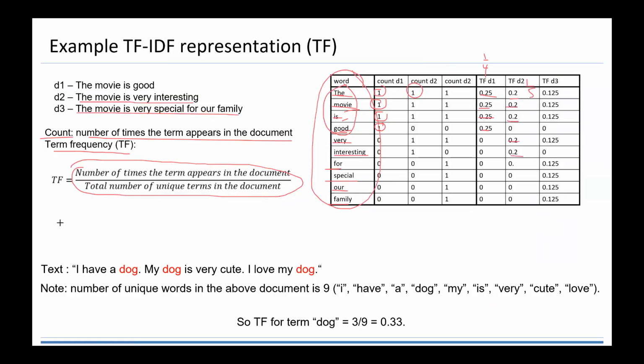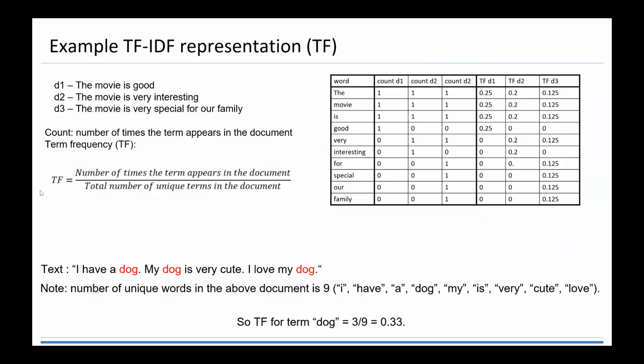What about if some words appear several times? For example: I have a dog. My dog is very cute, and I love my dog. If it is in one document, then the number of unique words we can measure as 9.